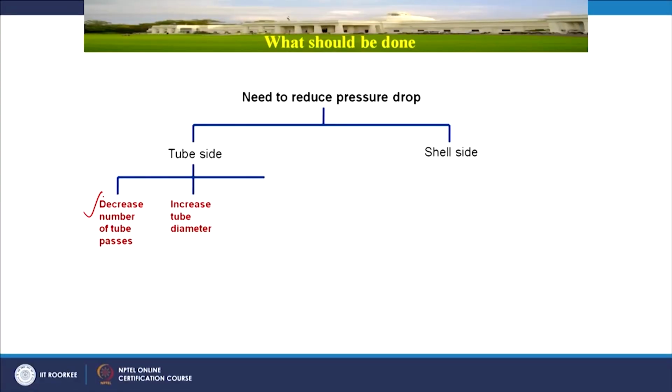Okay. Next option is, you can increase the diameter of the tube, okay, because more diameter will give more space to flow, and so less pressure drop can be obtained. Okay. But at the same time, all these things will affect the heat transfer coefficient also, but the heat transfer coefficient is mostly affected by passes. Okay.